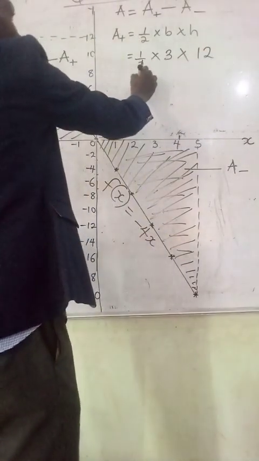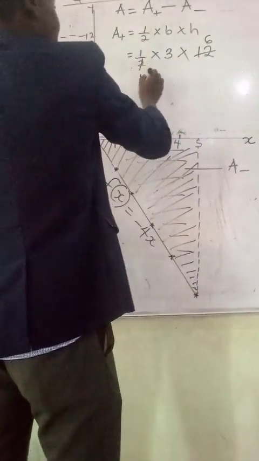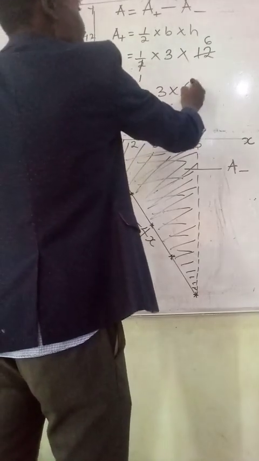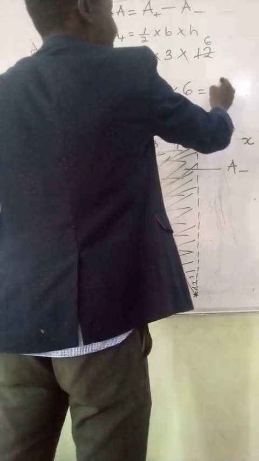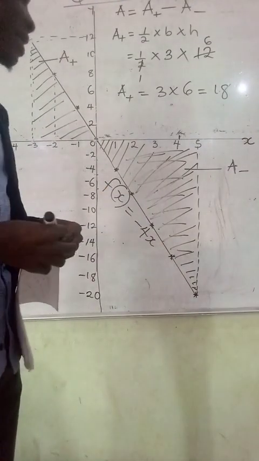Now 2 can go into 12, 6 times. So we have our positive area to be equal to 3 times 6, which will give us 18. This is the positive area giving us 18.